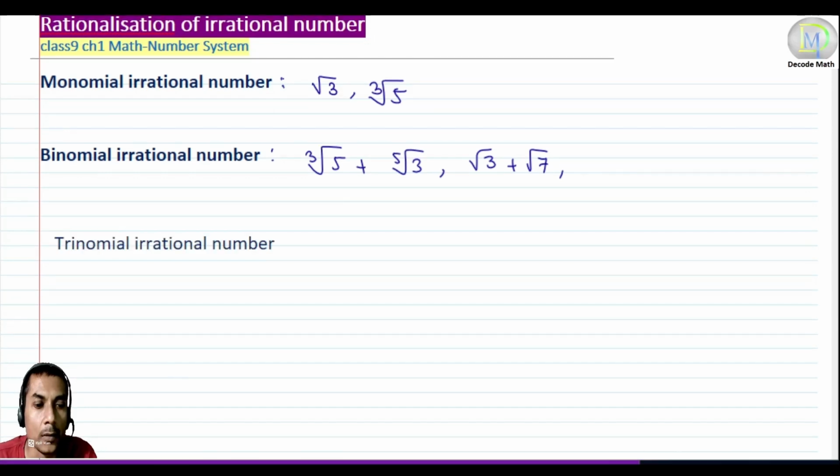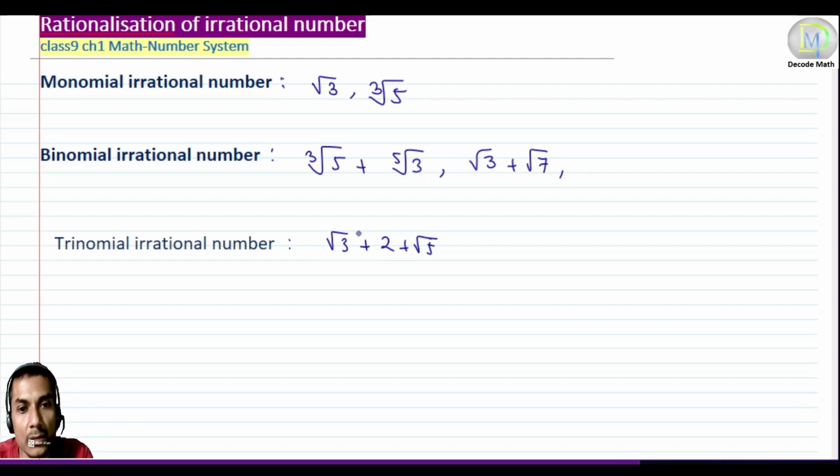The irrational number having three terms is called the trinomial irrational number. For example, root 3 plus 2 plus root 5. Clear? It's not necessary that every term is an irrational number, but we know that if one is an irrational number, then the sum is also an irrational number.